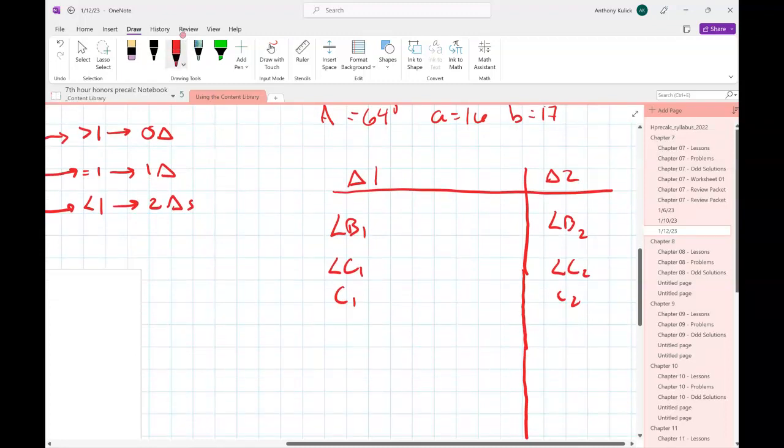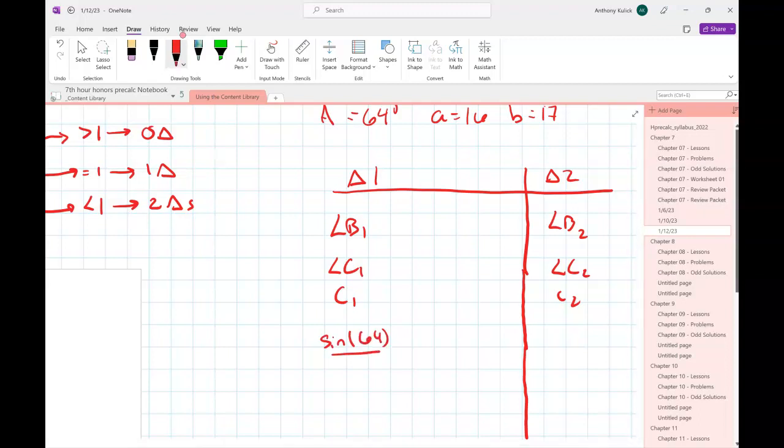To solve for angle B, I'm just going to set up my law of sines and solve for angle B. So I'll cross multiply, divide, and then take the sine inverse. Kendall, is it okay if I do that kind of all in one shot?